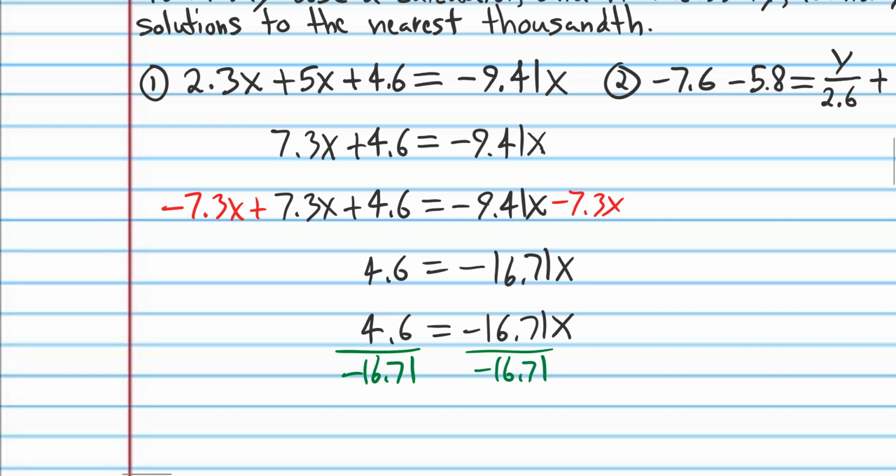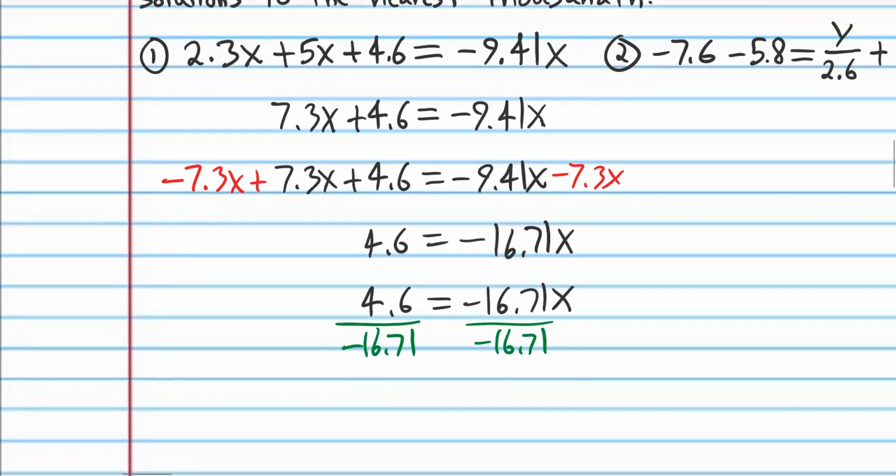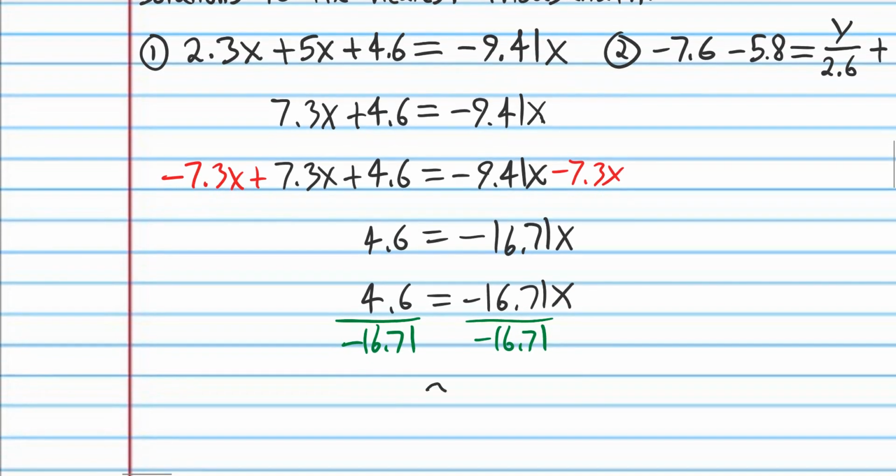And we're definitely going to need the calculator for this one. 4.6 divided by 16.71. And we got a number with a lot of digits. So we're going to have to round off. So I'm going to write squiggly lines for rounding off. And we got negative 0.275284, and it just keeps going on and on.